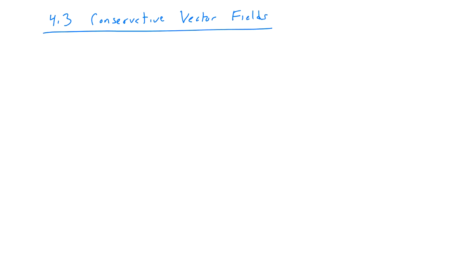So the usual thing. Now get into 4.3, which we talked about quickly yesterday, very quickly. And show that if it's conservative, then this simplifies.